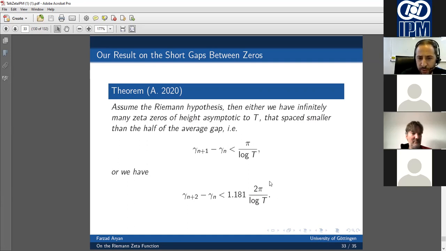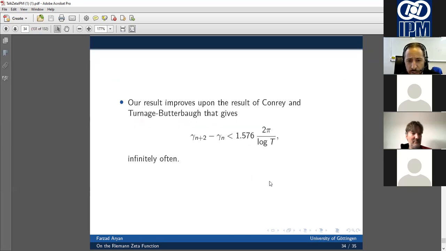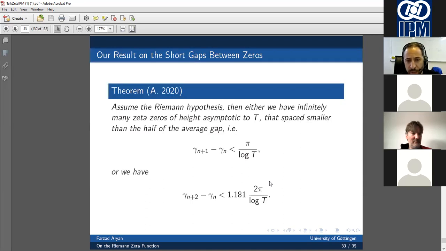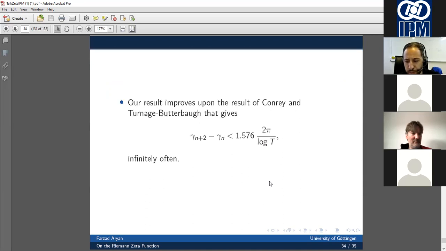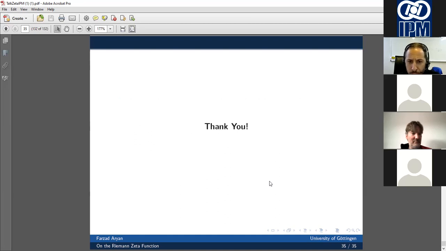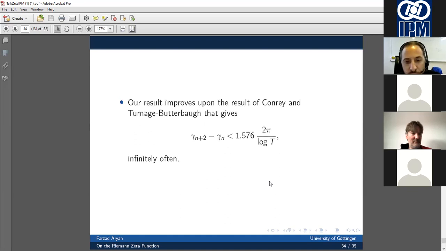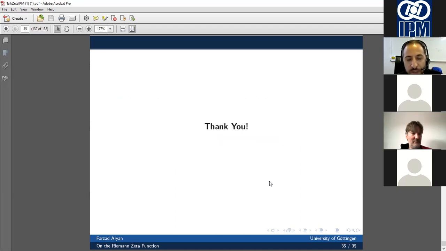So either you get the nice result you want, or two consecutive gaps get smaller. This should be compared with the result of Conrey and Turnage-Butterbaugh, who proved that two consecutive gaps are infinitely often smaller than 1.57 times the average gap. My theorem has 1.18. And that was the last result I want to talk about.